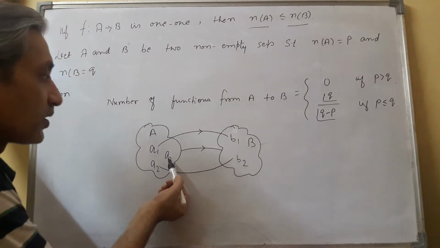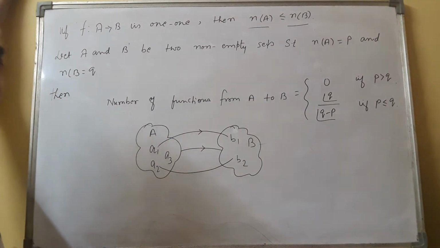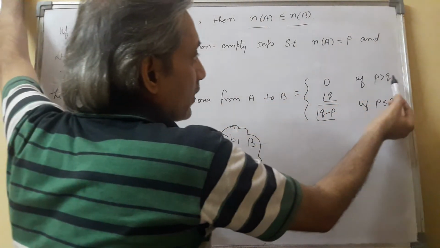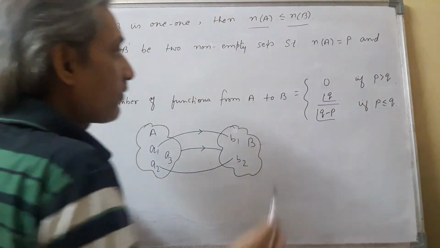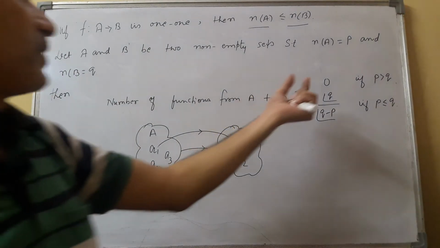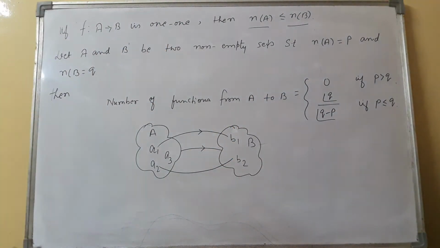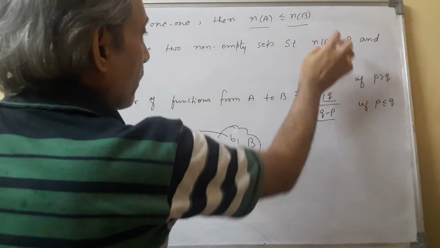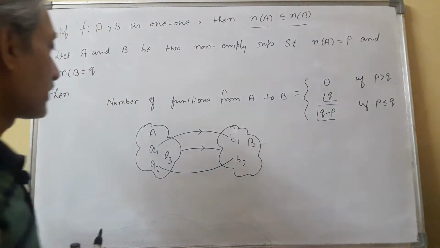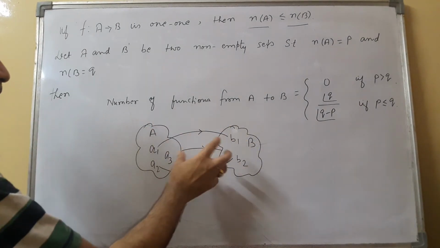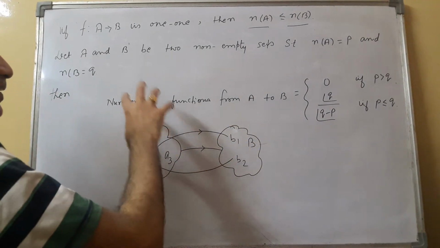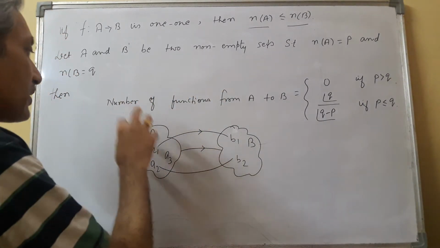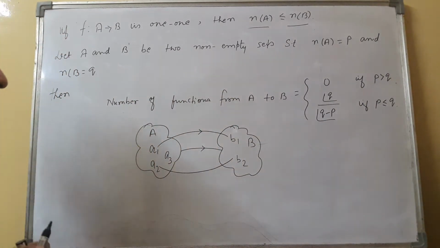So no more it is a function, and that's why I said if P is more than Q, the total number of one-one functions formed will be 0. So at least these two sets should have equal number of elements, or A should have fewer elements than the codomain set.